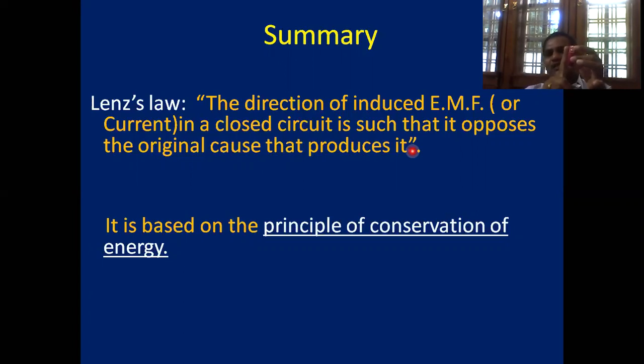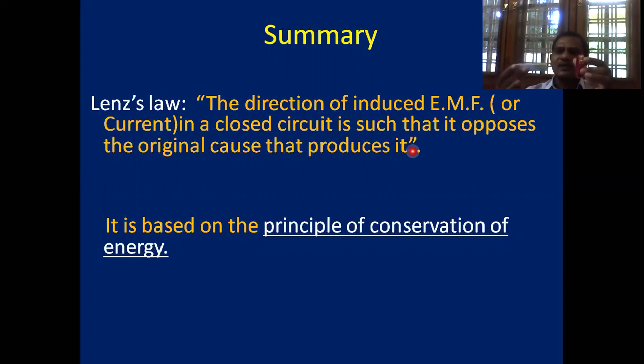Since it behaves like a magnetic dipole, the face opposite to this north pole acts like a north pole, and the other face acts like a south pole. So when the north pole is brought towards the closed loop, this face will act like a north pole.